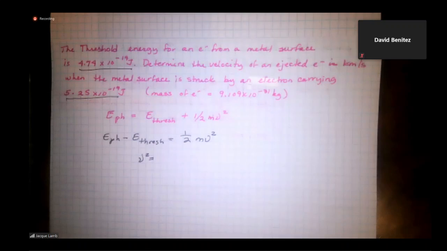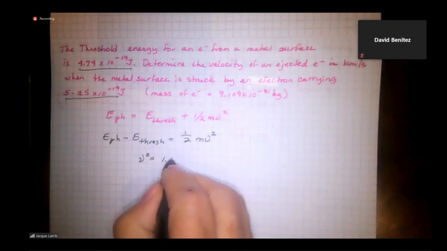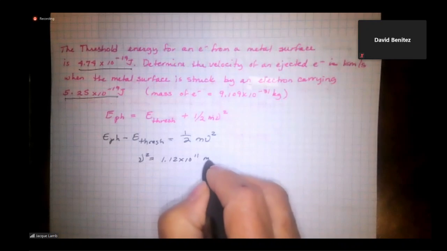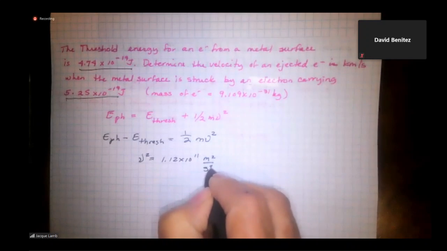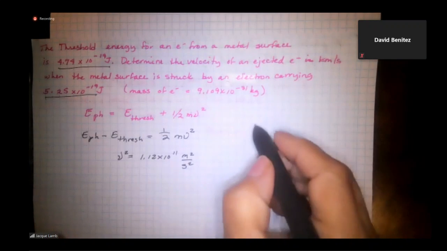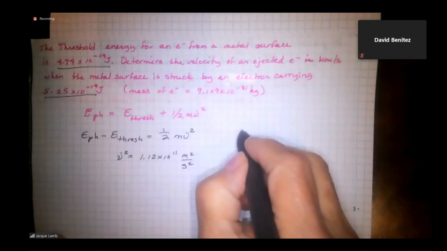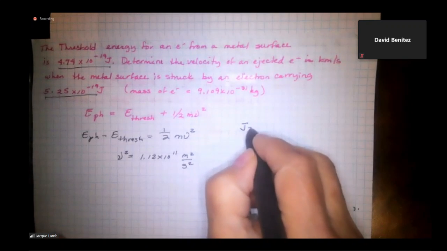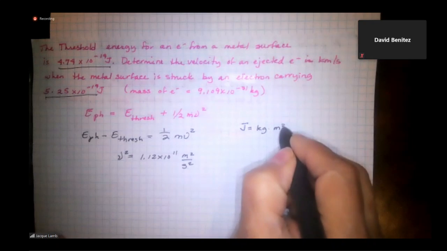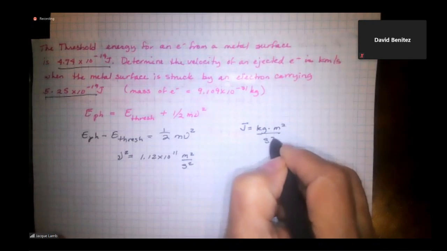If you did the math, you would have v squared is equal to 1.12 times 10 to the 11th meters squared per second squared. Now, since many of you are not familiar with the terms, I want to point out to you that, because energy is in joules, a joule is equal to a kilogram dot meter squared per second squared.